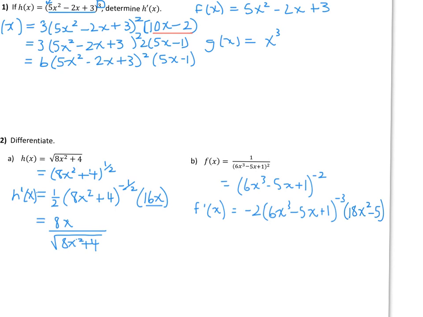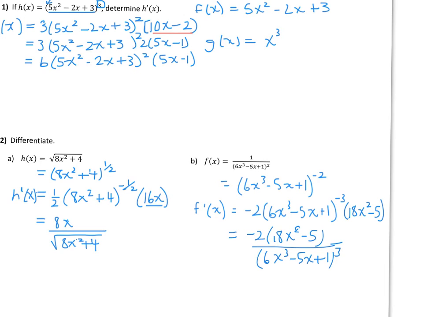Okay, which again, you could rewrite as minus 2 times 18x squared minus 5, and then that would all be over that to the exponent of 3.